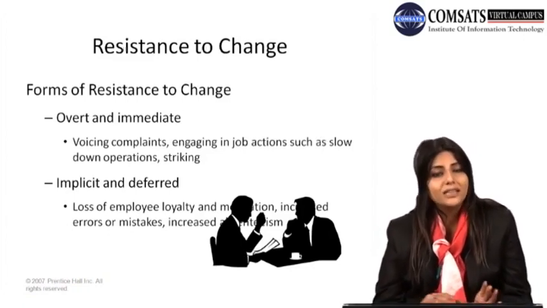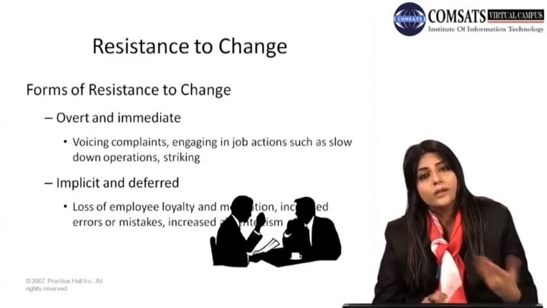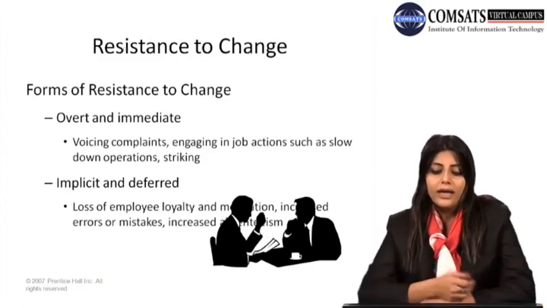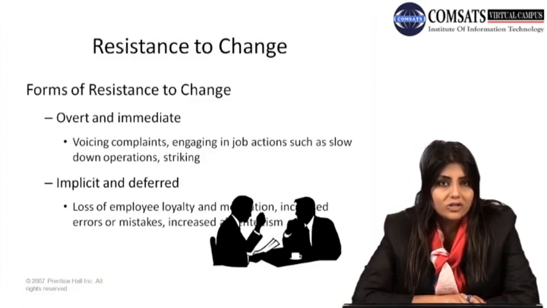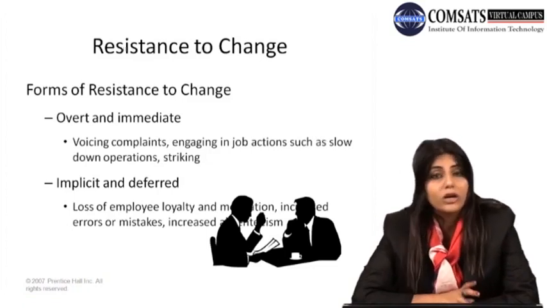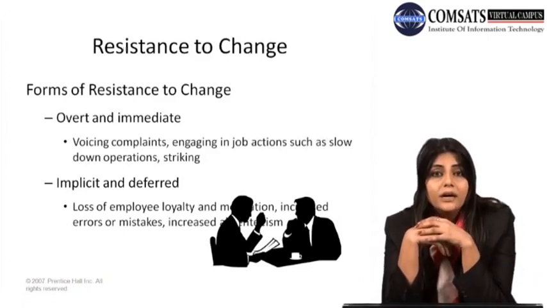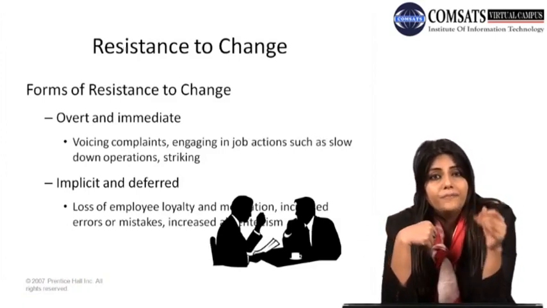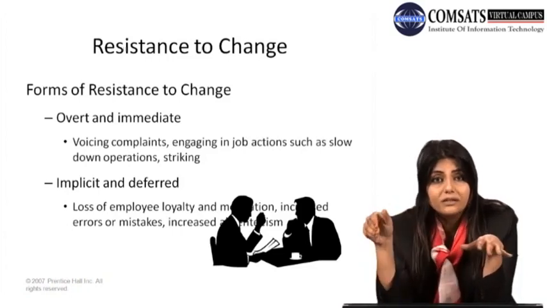Herein, what happens is that in the long term, as a result of that resistance to change, the employees lose their motivation towards work, they lose their loyalty with the organization, and they are more prone to making errors and mistakes because of their lack of engagement with the work. It can also lead to increased absenteeism on account of being sick. These changes surface in the employee attitudes and behaviors.